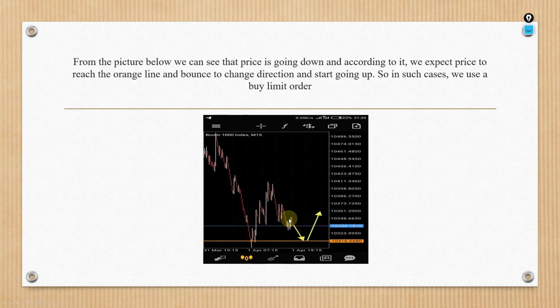And if we analyze that price will come all the way down, touch this particular zone and start going up, it might exceed by a few pips, but if it touches this particular zone and continues to go up and bounces, we'll be in massive profits. So in order to enter this desired price of ours, since we are expecting it to start going up, we use what we call a buy limit order.